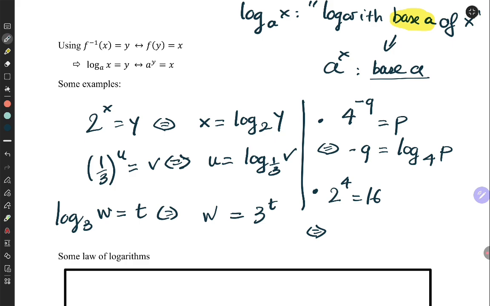In logarithm, this is mathematically correct too, using those three numbers: logarithm base 2 of 16 equals 4. That is correct. If you practice using logarithm in your calculator, press this and you're going to get 4.